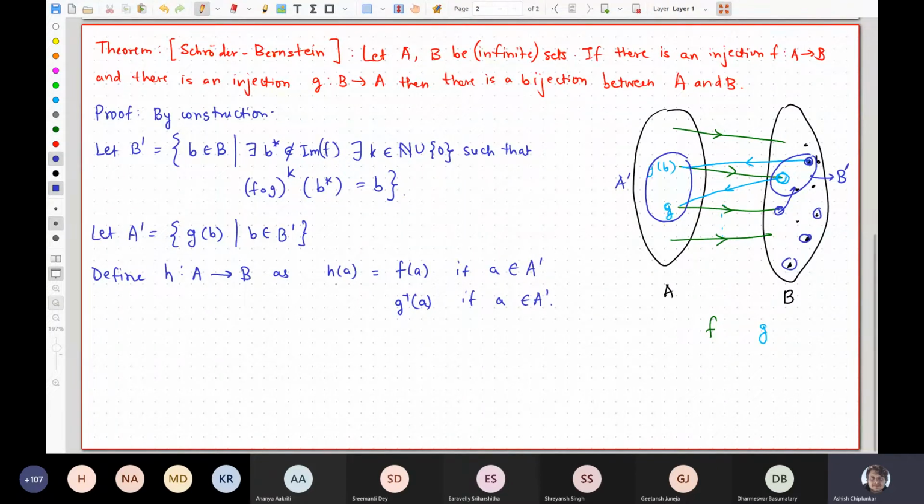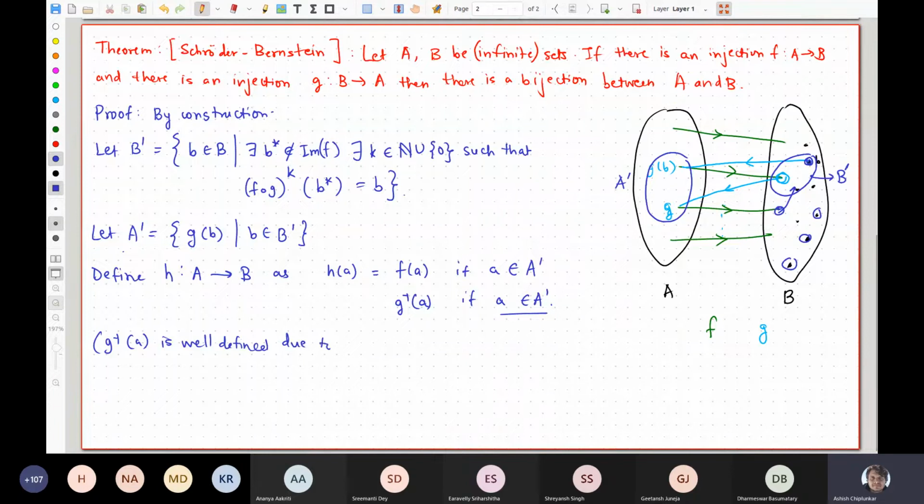Remember, if A is in A prime, then by definition there must exist some B such that G of B is equal to A. And moreover, because G is an injection, there must exist a unique such B.